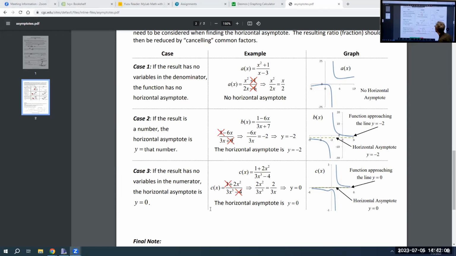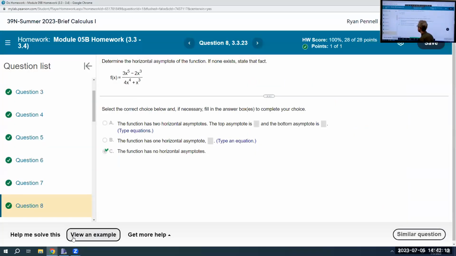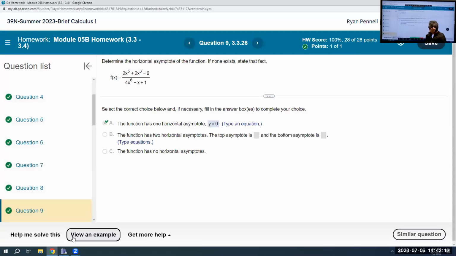There's also going to be the case, which I do not see listed on this, where you can have a slant asymptote. Maybe that was 9, I can't remember. Oh, let's just look at this one. Here we have roughly 2x to the 5th over 4x to the 6th.